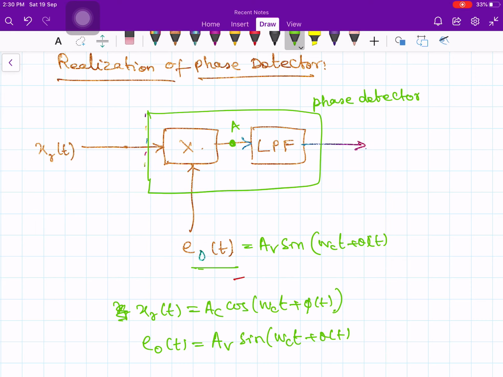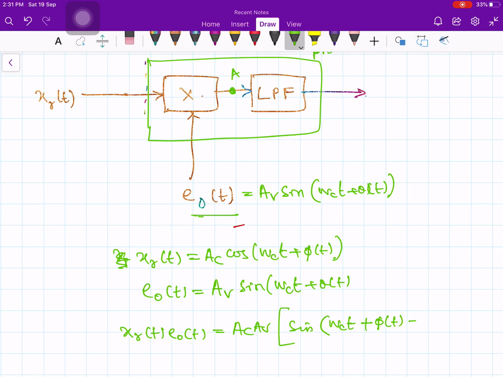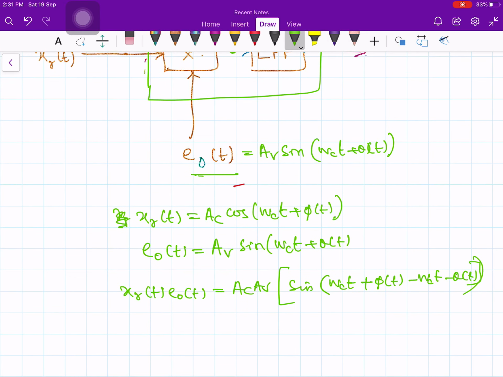Use your trigonometric identities. Okay, the product of these two is equal to A_c times A_v multiplied by cos A sin B, or sin A cos B, is equal to sin of A minus B. Okay, so omega ct plus phi of t minus omega ct minus theta of t is one term, plus sin of A plus B, which becomes 2 omega ct plus phi of t plus theta of t.